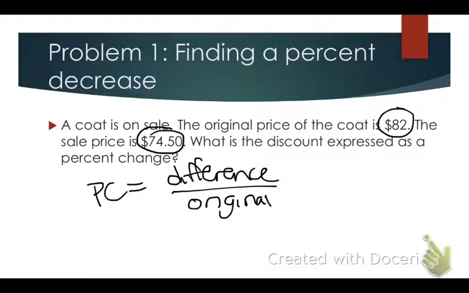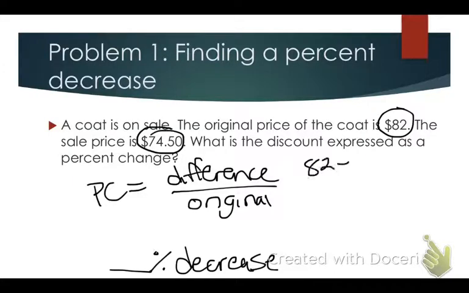So when I'm looking at that, I first of all notice that the original price was $82, the sale price is $74.50. So I already know that I'm going to have a percentage of decrease in the price. So I like to start by writing that down so I don't forget. So a percent decrease, and then I'm going to plug things into my formula. The difference between my two numbers, so 82 minus 74.50. 82 minus 74.50 is 7.50.